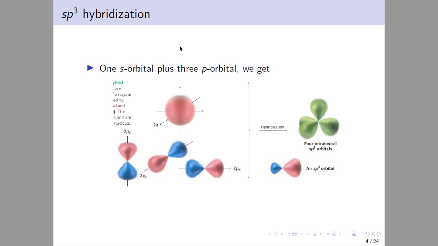When this does the hybridization, we are going to have 3 sp3 orbitals. We have sp3, sp3, sp3, and sp3. So when this one plus these 3, we are producing these orbitals.